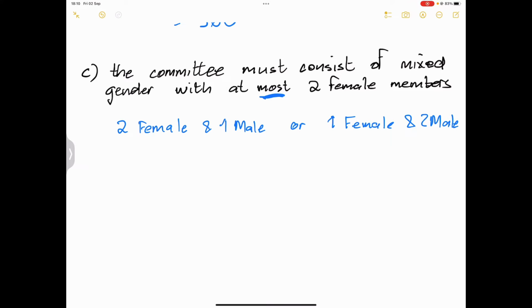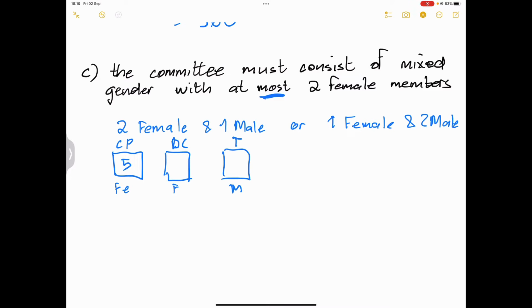Now, we're going to have our chairperson, our deputy chair, and our treasurer in this case. So if we are considering female, female, male, what are we going to have? If our chairperson is female, how many do we have?